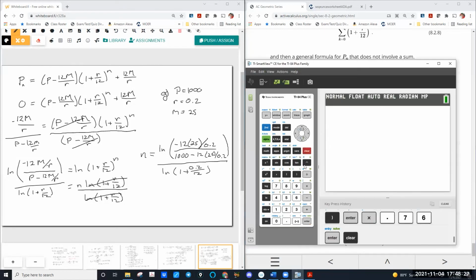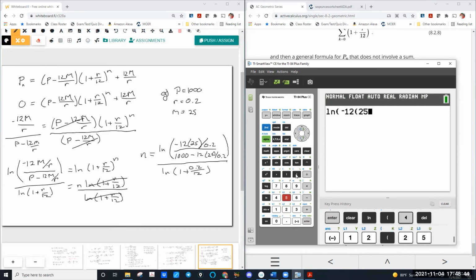Like I said, I think it's best to put these in the calculator all at once. The reason being, it avoids any round off error. It's easier to fix mistakes. 12 times 25 divided by 0.2. There's our numerator divided by the denominator.